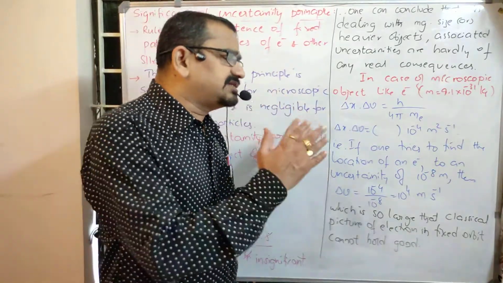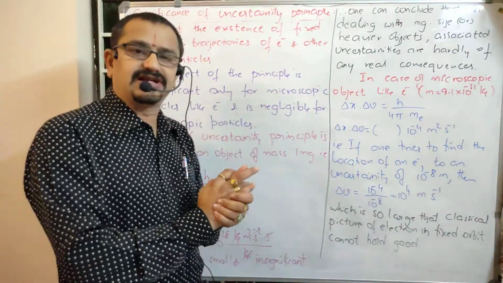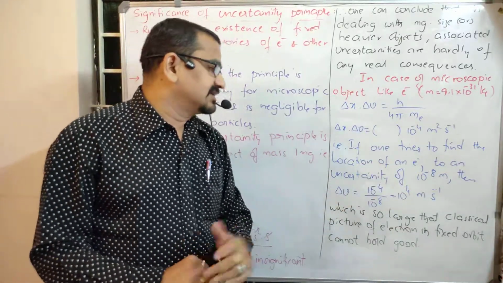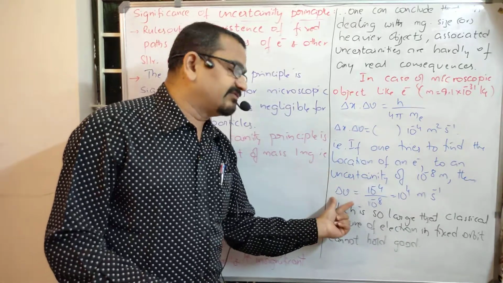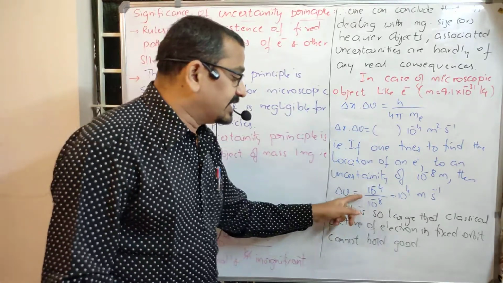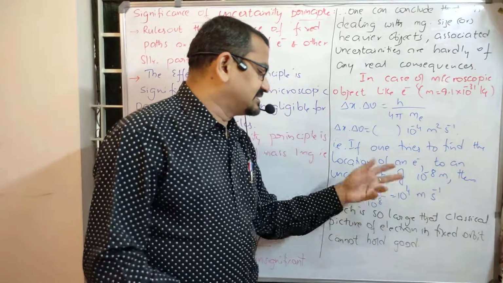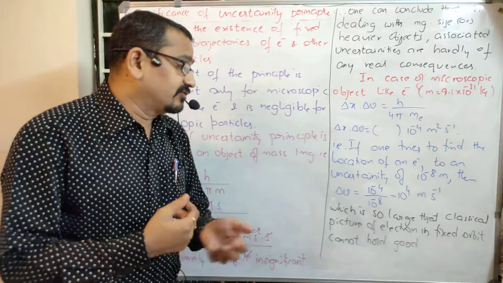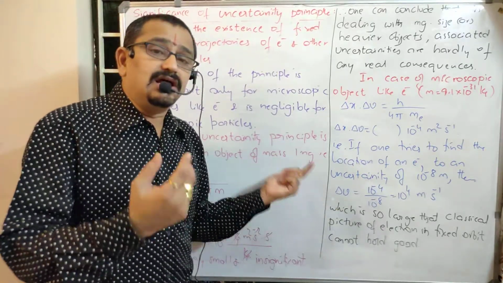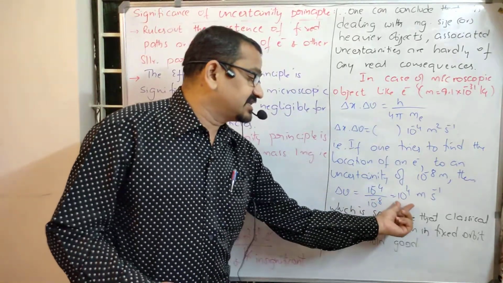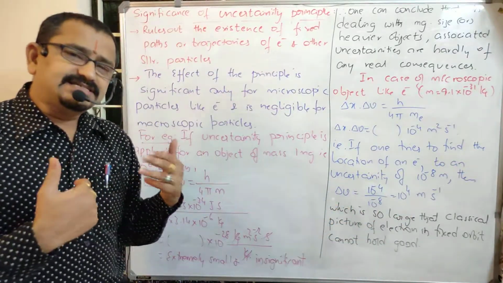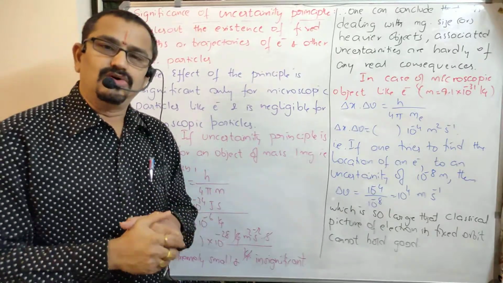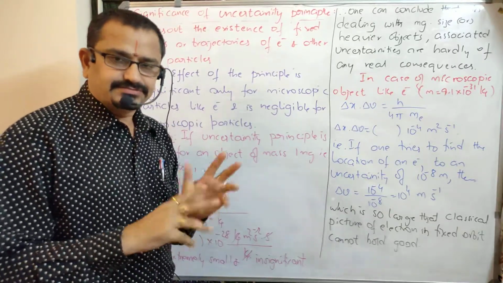That is, if one tries to find out the location of an electron, suppose to an uncertainty of 10 power minus 8 meters, then the uncertainty in velocity delta v can be expressed as 10 power minus 4 over 10 power minus 8, means approximately 10 power 4. It is of the order 10 power 4 meters per second, which is so large. The uncertainty in velocity is such a large value that the classical picture of fixed circular paths given by Bohr cannot hold good from this, right?